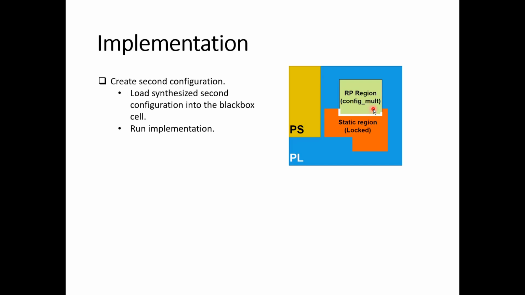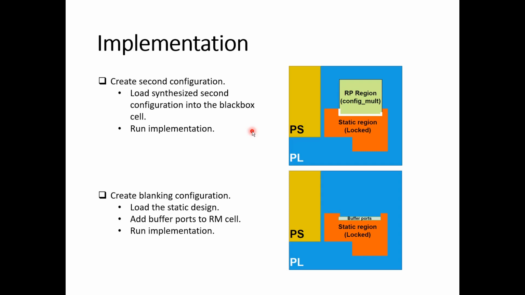Now if we have multiple configurations, we do the same thing again. Update it as a black box and load the next configuration. Again, update the black box, load the next configuration, and run the implementation, and save these implementation configurations.